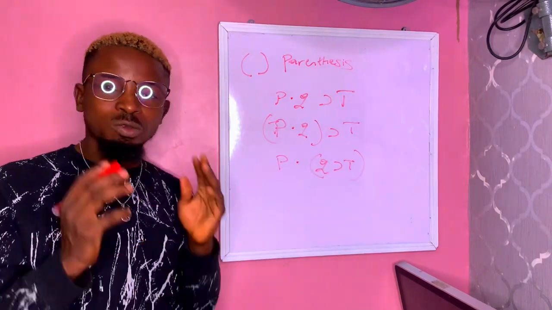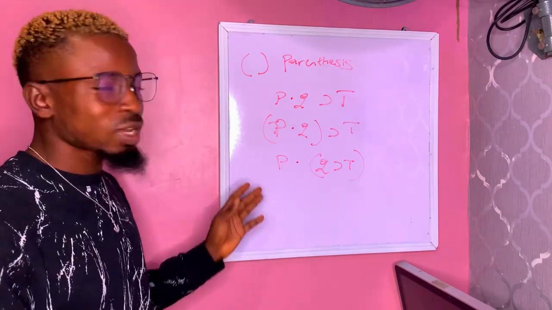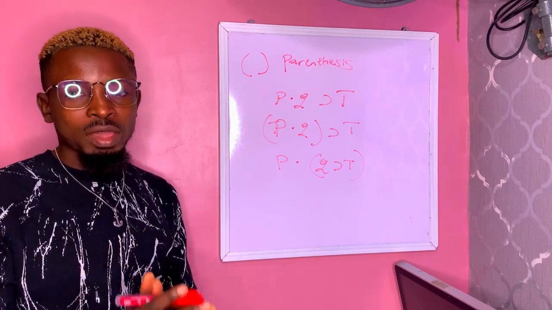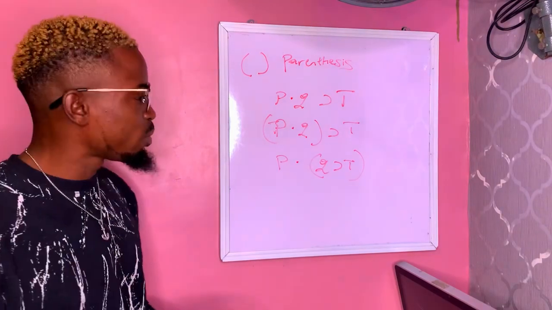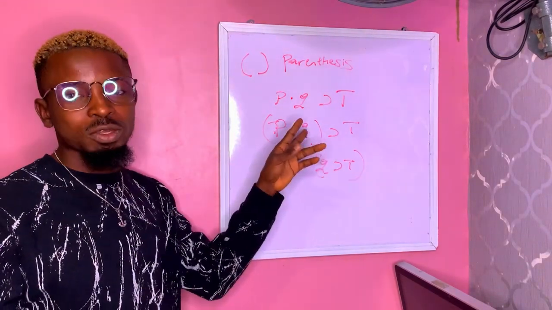Now that is where you have to pay attention to your comma and full stop when you are symbolizing. When you are symbolizing, any word that comes immediately before a comma means just one thing. If it is two in one statement, then you have to group them together to make it one.